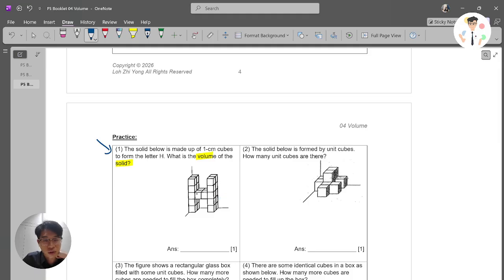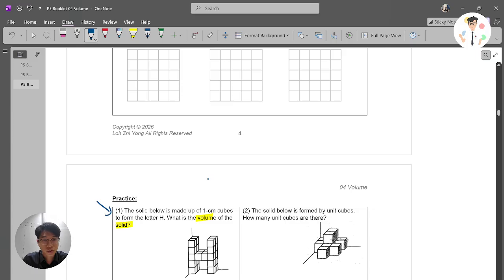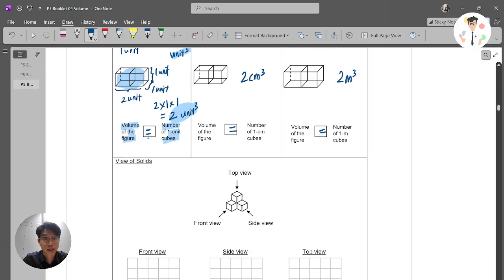It's difficult if you look at this. So what you can do is, I know this is talking about 1 cm cube, and we are looking for the volume. And from here, what do I know? The volume of the figure is actually the number of the cubes.